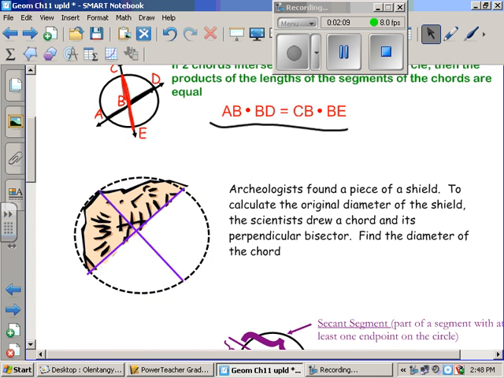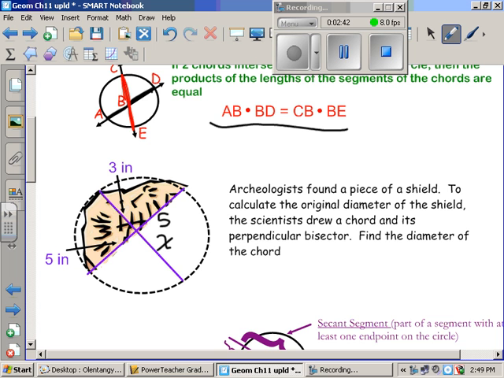All right, so there we go. That's 3 inches. And 5 inches. And it's a perpendicular bisector, so we know that's 5, so is this. And this is the piece we don't know. So we can use this new chord theorem to figure out the missing length.